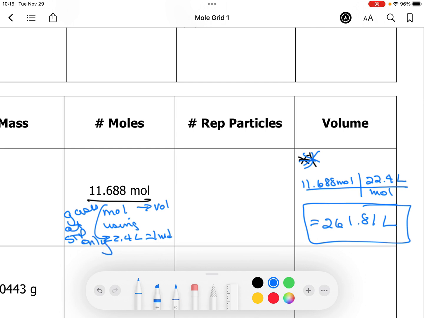And this one's pretty simple. For representative particles, you're going to take this number times Avogadro's number. I'm not going to do this one for you.